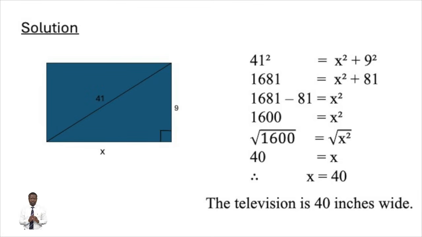Clearly, we can use the Pythagoras theorem to find how wide the television is. From this diagram, the theorem reads 41 squared is equal to x squared plus 9 squared. The square of 41 gives us 1,681.